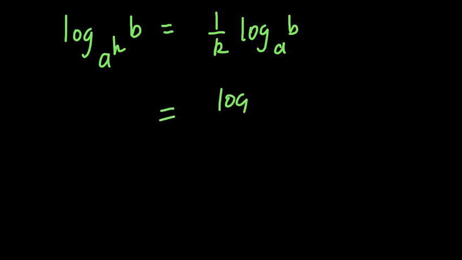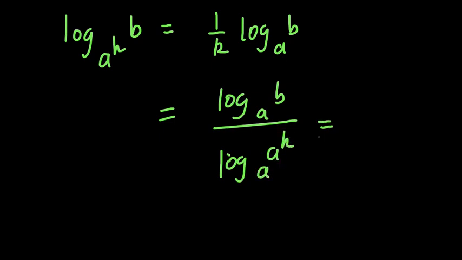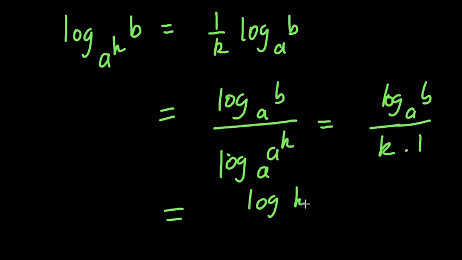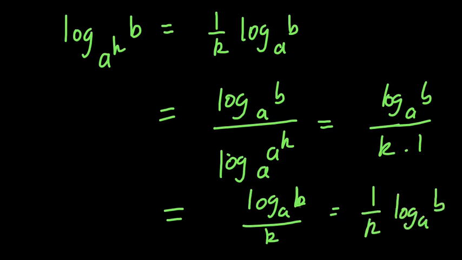It's just log a b over log a to k, which is the same as log a b over, we move the power behind, k times 1, of course, because log a a becomes 1, which is the same as log a b over k, which is the same as 1 over k log a b.